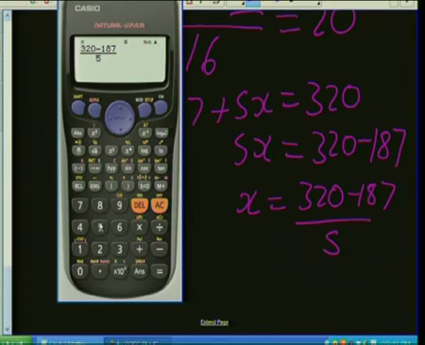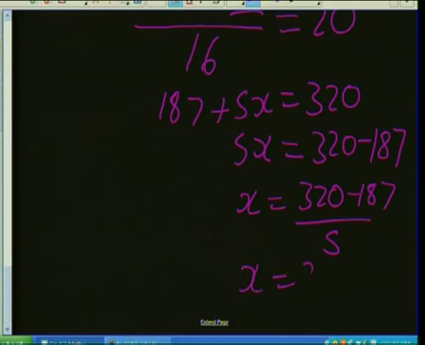We get 26.6. So for the next 5 games Abe needs 26.6 runs per game. So I actually need about 26 runs per game to achieve an average of 20 in 16 games.